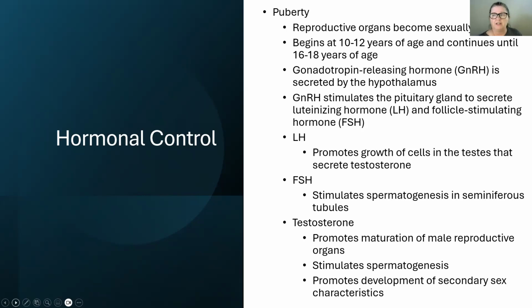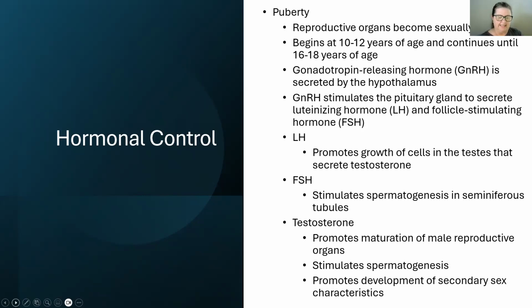And what are secondary sex characteristics? Underarm hair, chest hair, facial hair, so hair everywhere, it seems. And the deepening of the voice in a male, because testosterone has an effect on the larynx, or the vocal cords. It causes them to thicken in a male, and that is what causes a young man's voice to deepen.